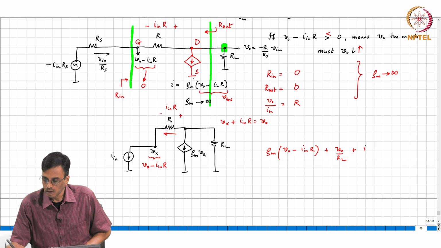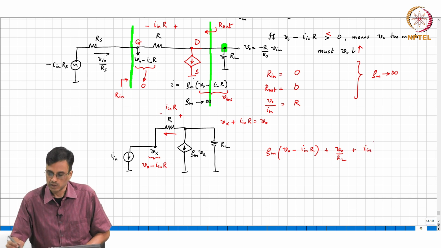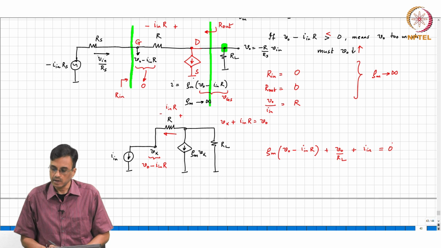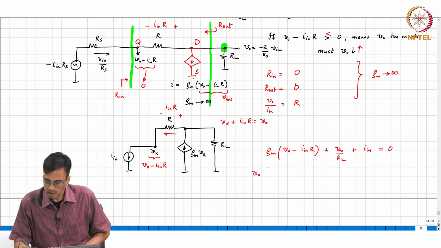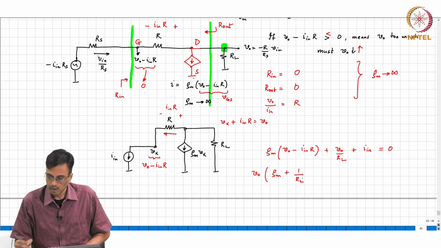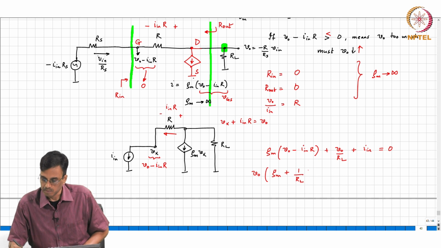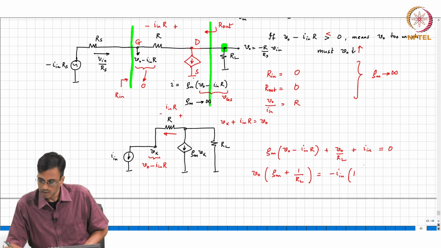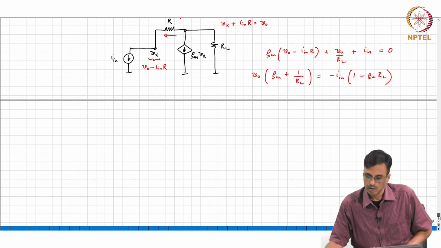plus In must be equal to 0. All right. So Vo times Gm plus 1 over RL must be equal to minus In times 1 minus Gm R. All right.